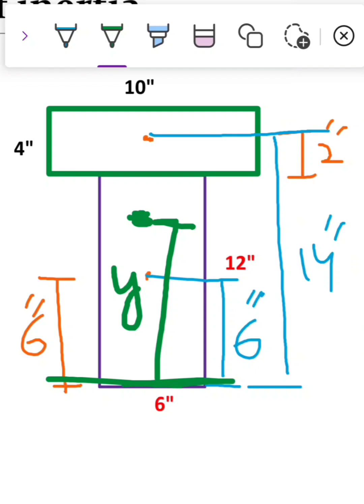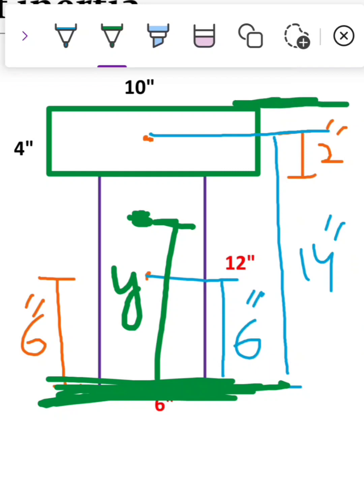So we will calculate the center of gravity for both figures from this reference axis. Remember this. You can also take the upper fiber as the reference axis. Now in this question, this is the reference axis.